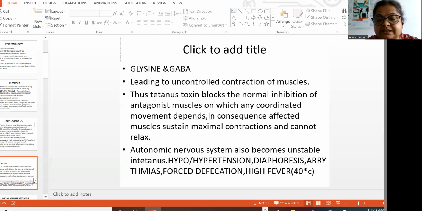Then the autonomic nervous system also becomes unstable in tetanus. Then hypo- or hypertension, diaphoresis, arrhythmias, forced defecation, and high fever of more than 40 degrees centigrade may occur.